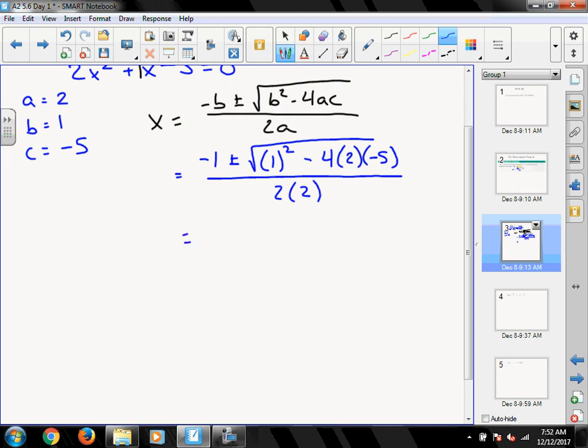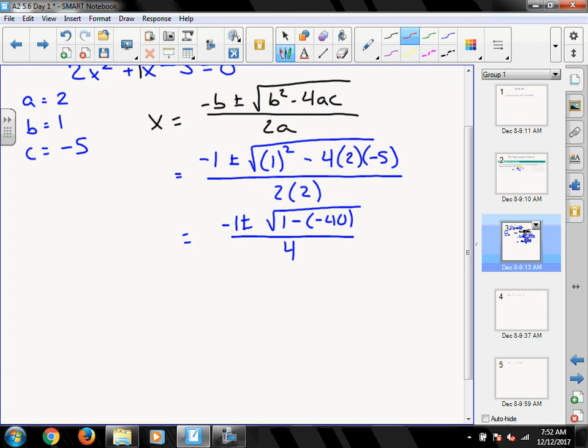And now it's just simplification. We're going to get negative 1 plus or minus the square root of 1 minus 4 times 2 is 8, times negative 5 is negative 40, all over 2 times 2, which is 4.